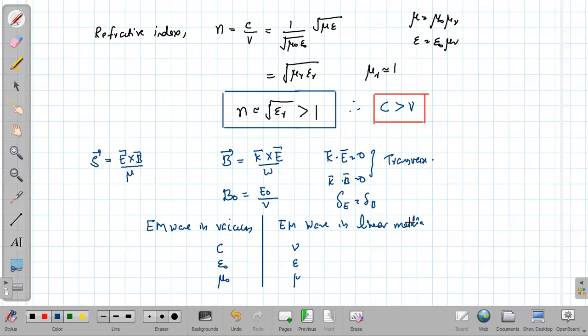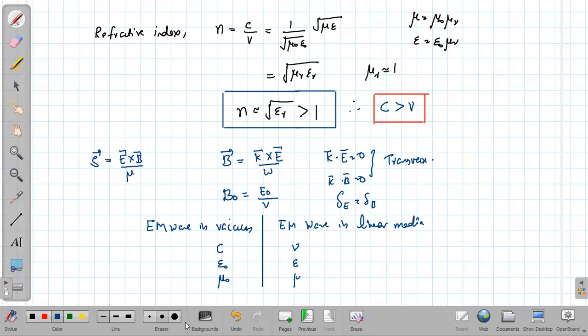So we have almost completed the discussion of electromagnetic waves in linear media. We can stop the discussion here and discuss the rest in the next lecture, because in the next lecture we'll be discussing the reflection and transmission of electromagnetic waves. In order to discuss the reflection and transmission of any wave, we need boundary conditions.